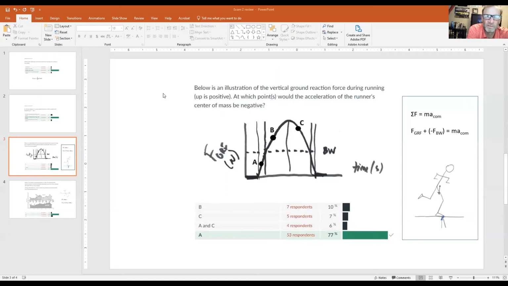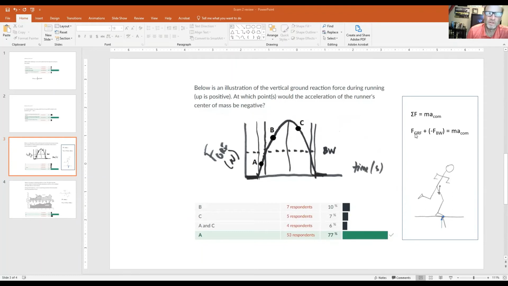So now we have all the information we need to answer this question. We've got 2 forces acting on the runner. We're looking for where the acceleration of the center of mass would be negative. So we just need to look at this equation. So wherever the acceleration will be negative, wherever body weight is greater than the ground reaction force, wherever this value is greater than that.